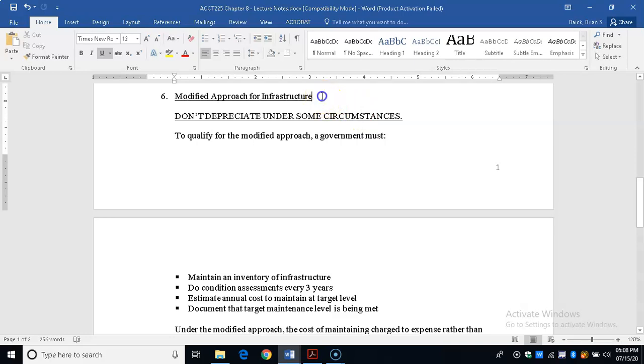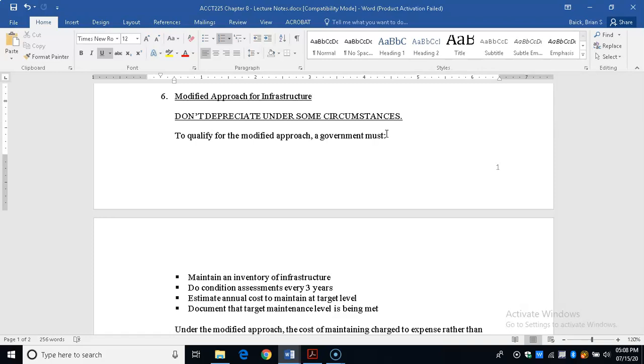Now, for government-wide, you can elect to use the modified approach. The modified approach basically means that there is no depreciation. Example, let's say that I'm the city of New York and I have the Statue of Liberty. The Statue of Liberty is never going to be sold to anybody. You're going to maintain the condition of the Statue of Liberty.